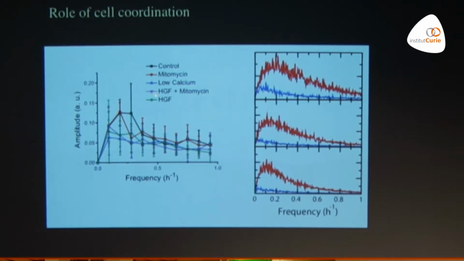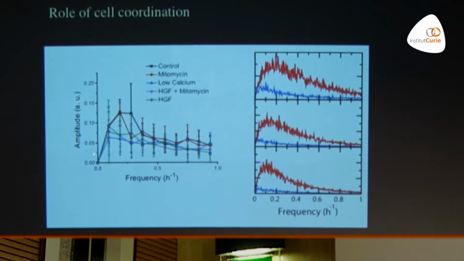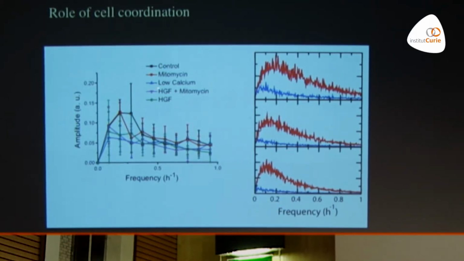So in the experiment, you can put things that suppress cell coordination, and you can also test the role of cell division. If you put this mitomycin, you're supposed to see that it's like the control in some sense, so cell division is not really important for this oscillation, but if you put things that suppress coordination, then the peak is not so large.